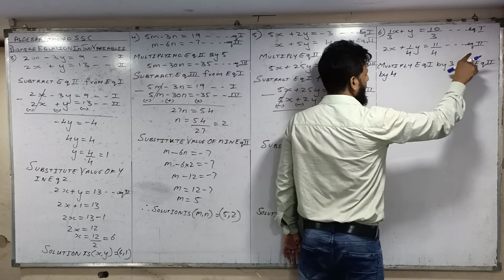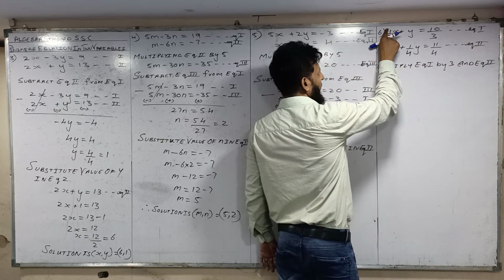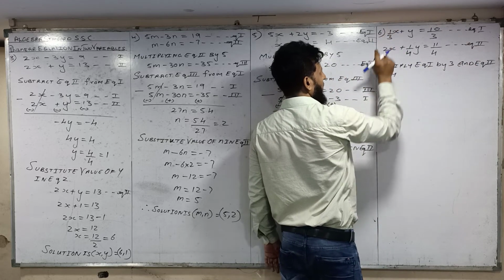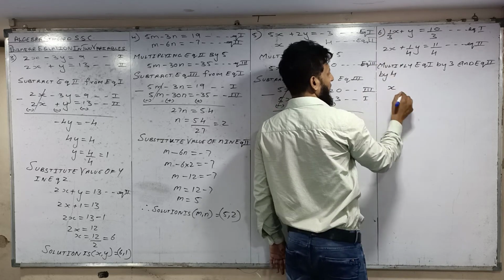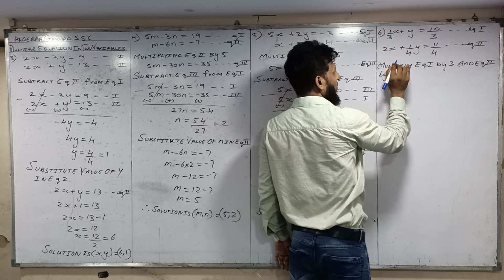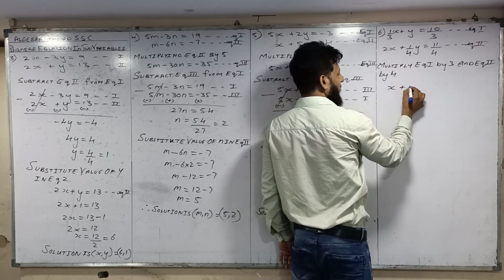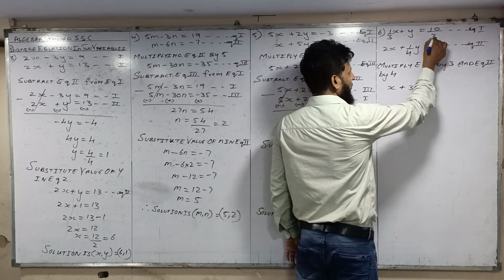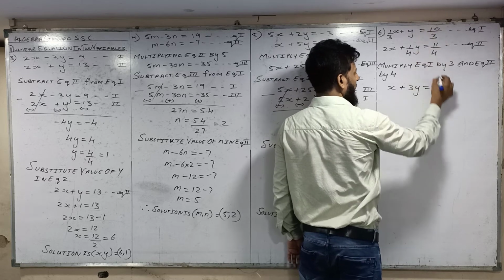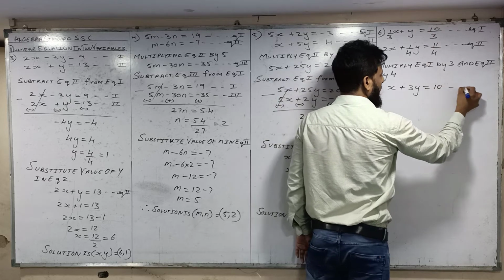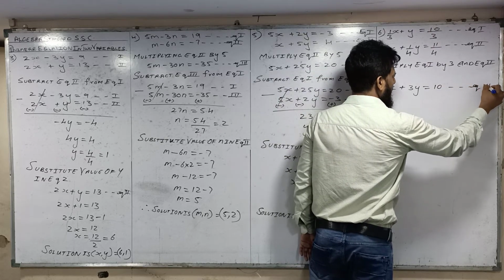When you multiply by 3, what happens? When we multiply this 1 upon 3x by 3, 3x is left, 3 and 3 cancel. Here there is no denominator, so we multiply by 3y. When we multiply 10 upon 3 by 3, the 3 cancels, only 10 is left. New equation 3.